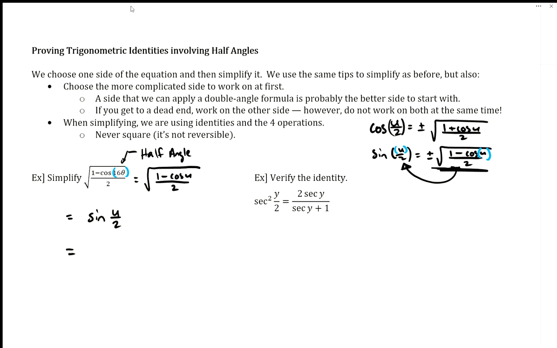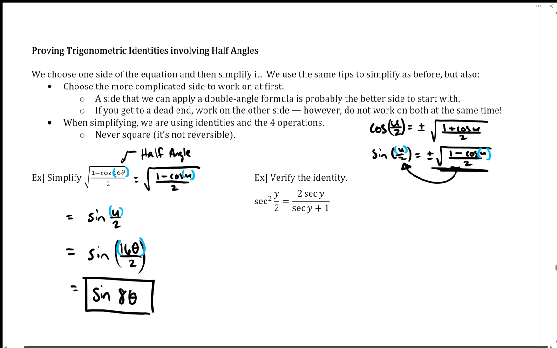Then the part in blue is all the same, so we change that now to 16 theta over 2. There's the 16 theta divided by 2, and 16 divided by 2 is 8. So this should be sine of 8 theta. That's it. We can put the parentheses on it as needed.